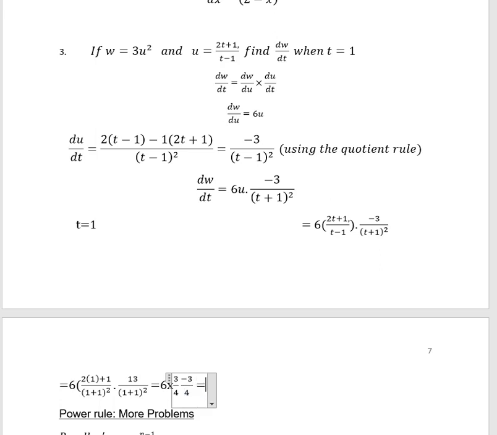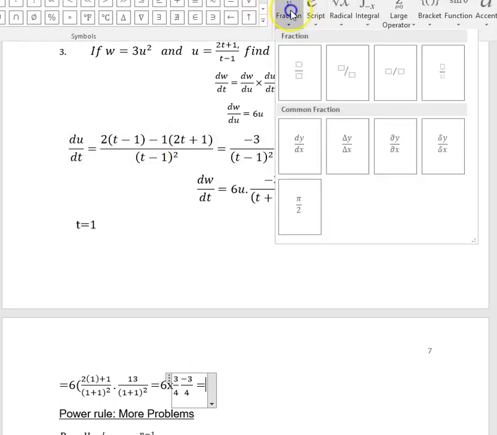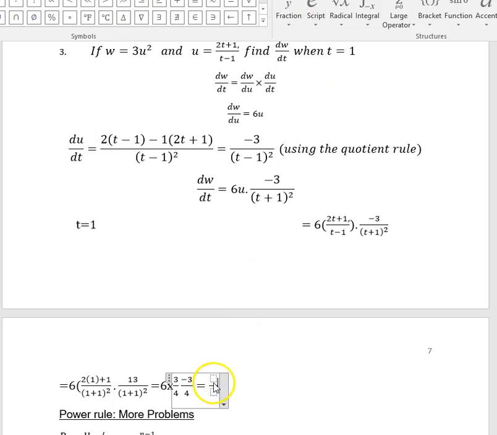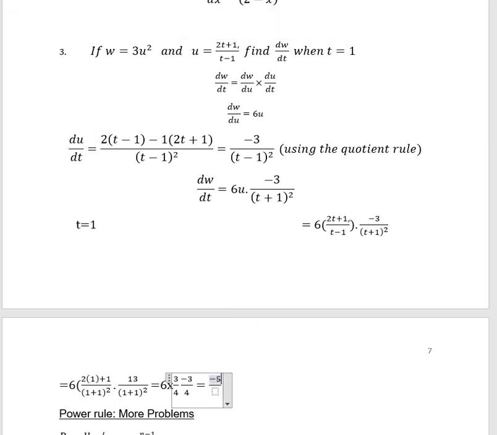If you do that with your calculator, you should have minus 54 over 16. Let's put that together. And then you can leave that in fraction, that will be fine.